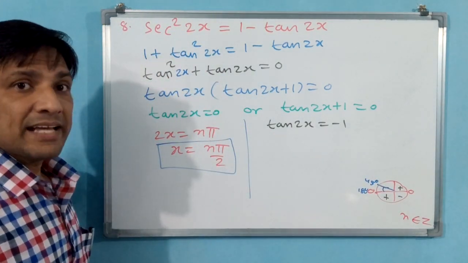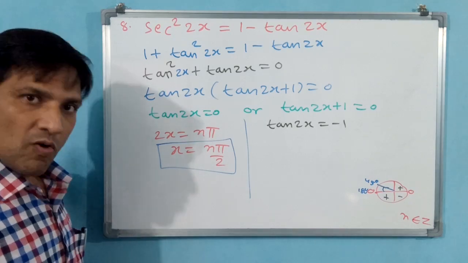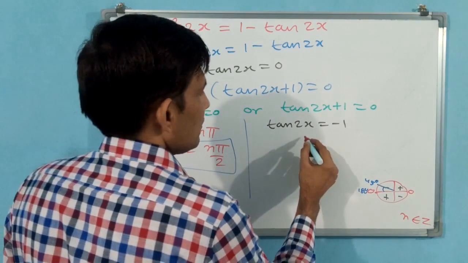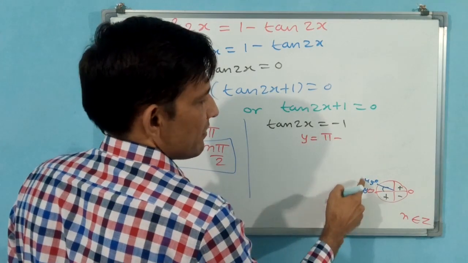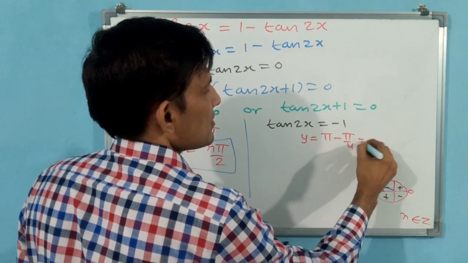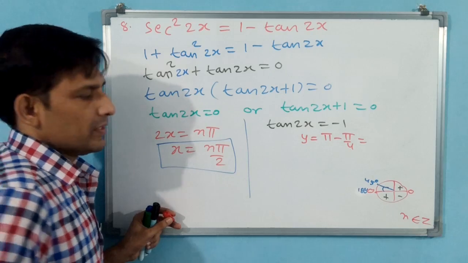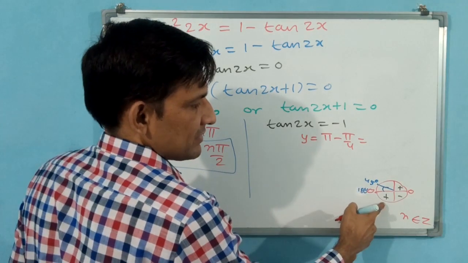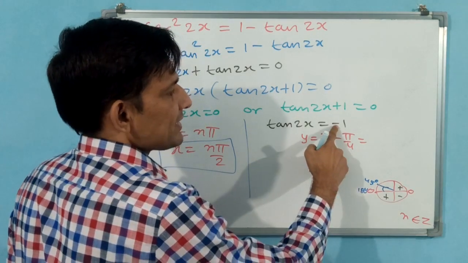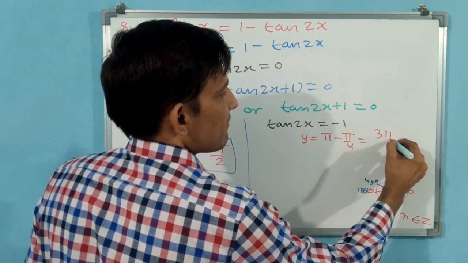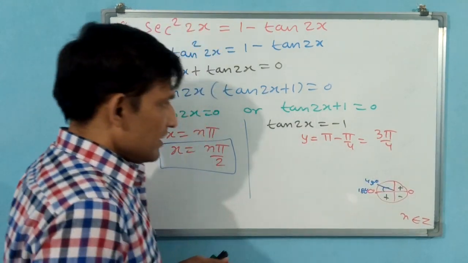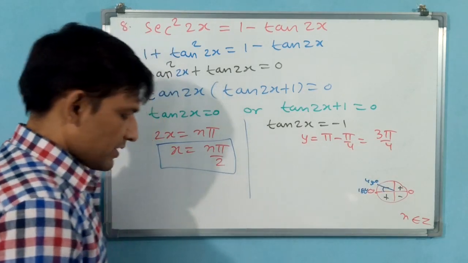You have to take this as y. Y is equal to 180 degree minus 45, pi by 4. Why? Because if you take plus, then plus will come, but you want minus. Now 4 pi minus pi, 3 pi by 4. This is y.